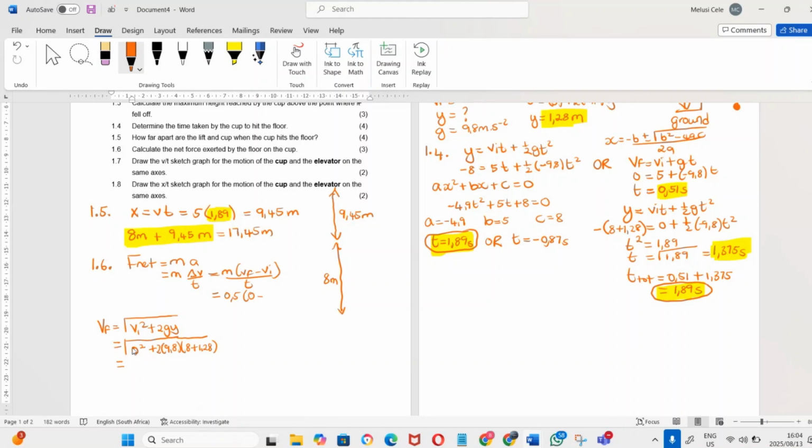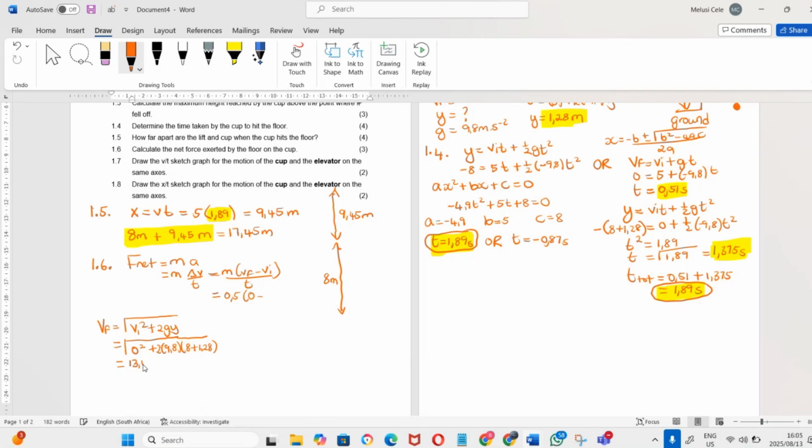So the velocity at which it hits the floor will be the square root of 2 multiplied by 9.8 multiplied by 9.28, and you get 13.49.